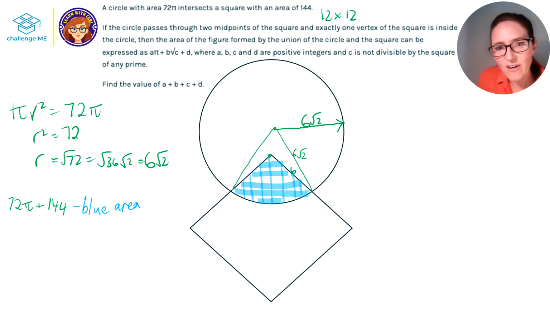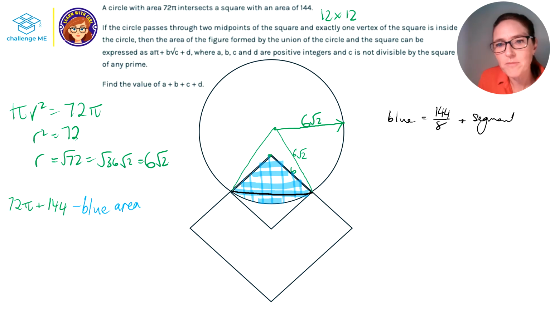The majority of it is part of the square. If I just add an extra little small square on there, then this triangular part of the blue is in fact an eighth of the square. So the blue bit is an eighth of the 144 plus that little segment between this chord here and this arc here.